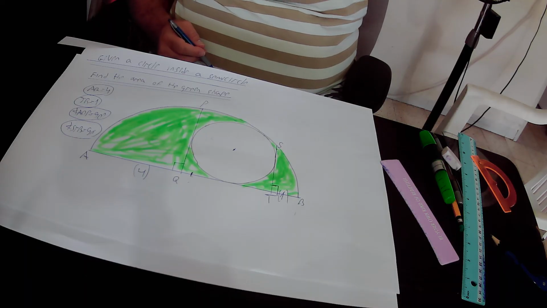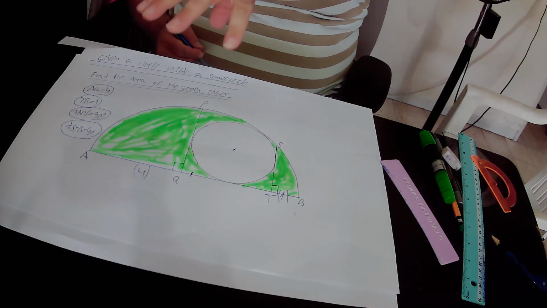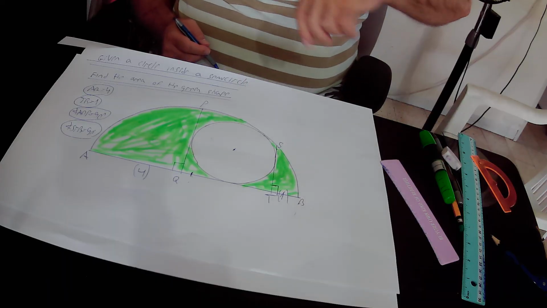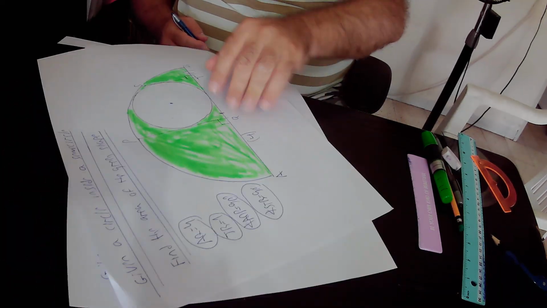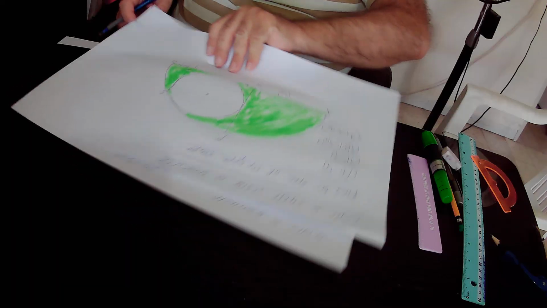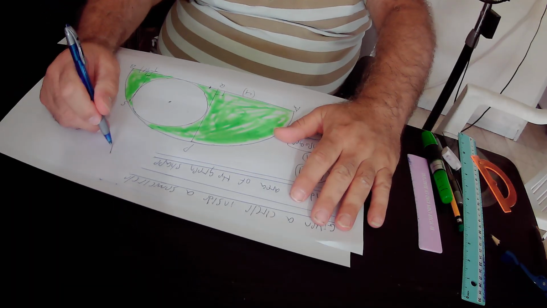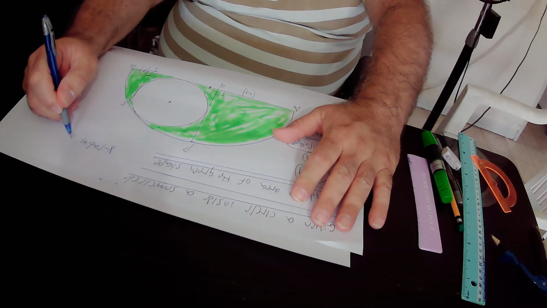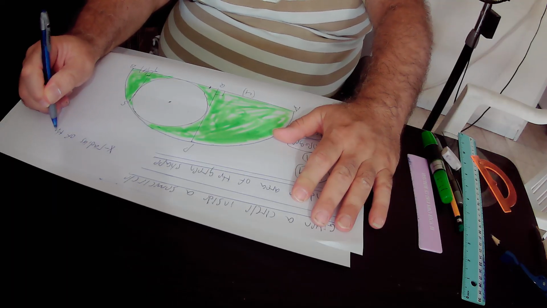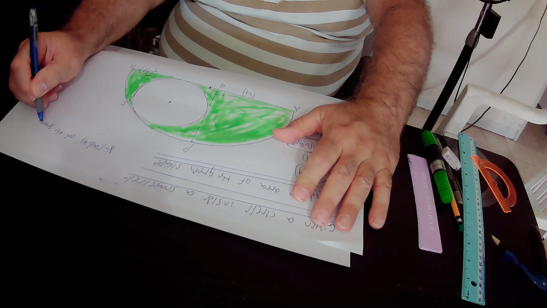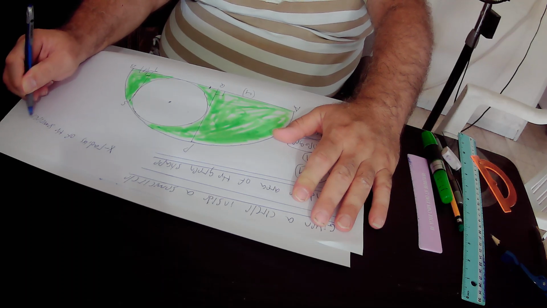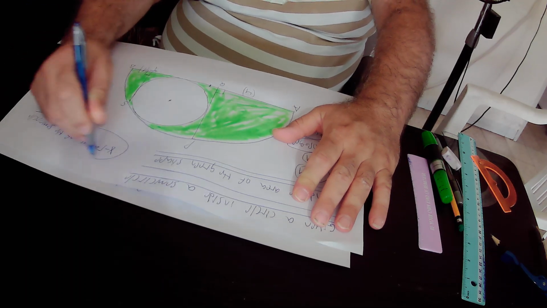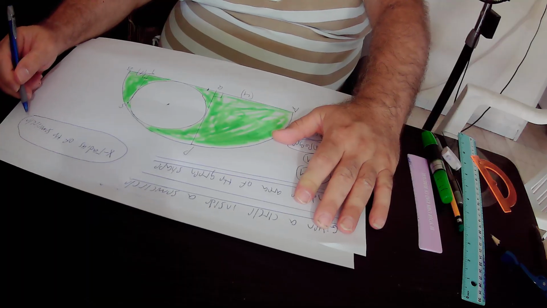So first of all, we will define the radius of the big semicircle as x. And the radius of the small circle is y.